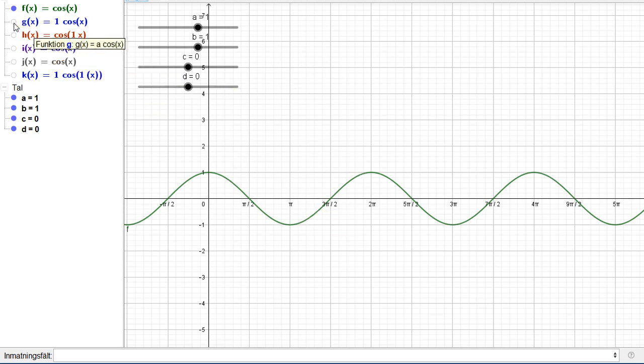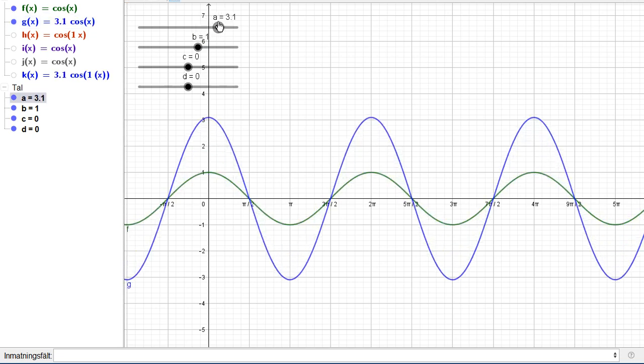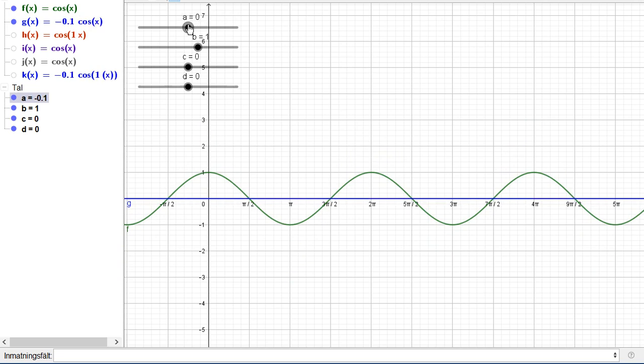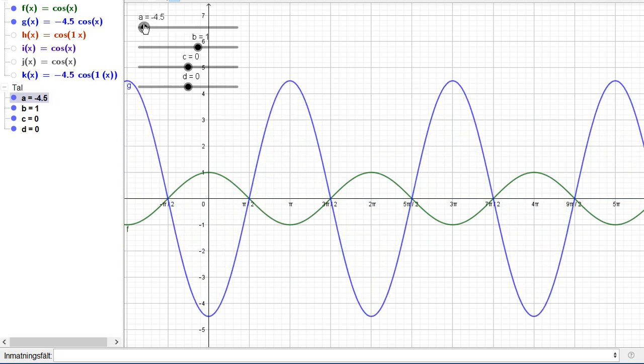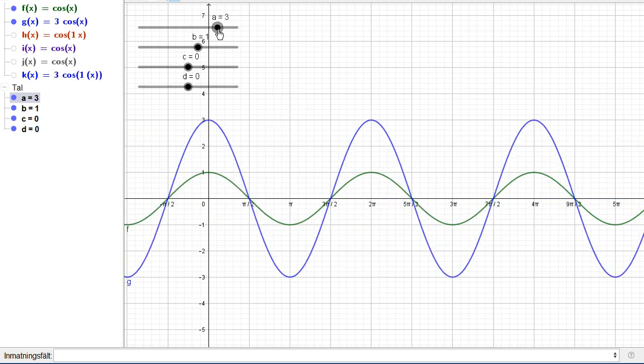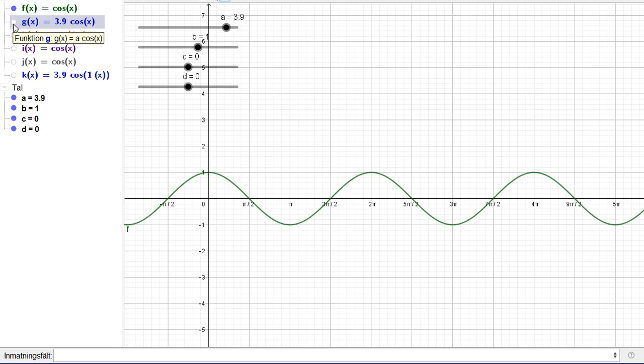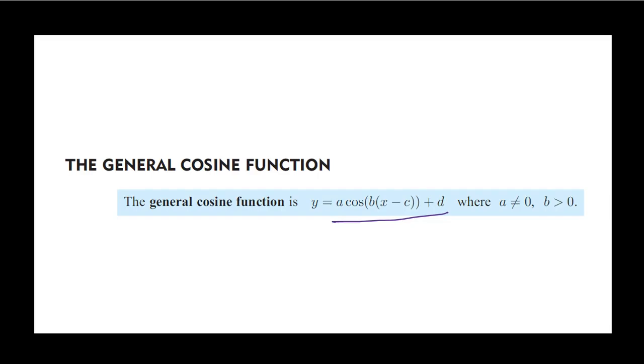And if I change the amplitude, it affects the amplitude for the A, as you can see here. It's the same period, but the amplitude will change. That's why we have A there.